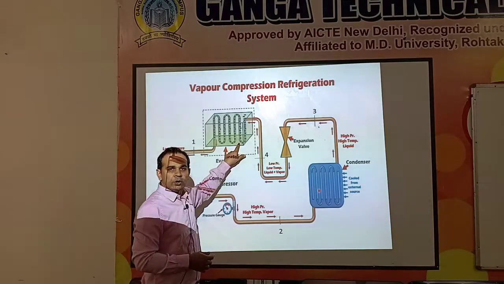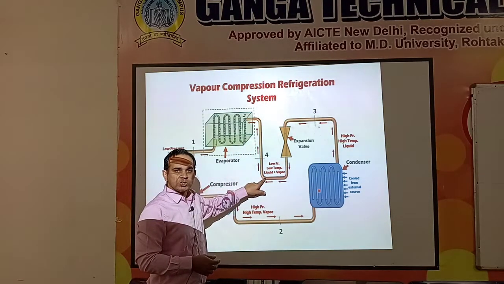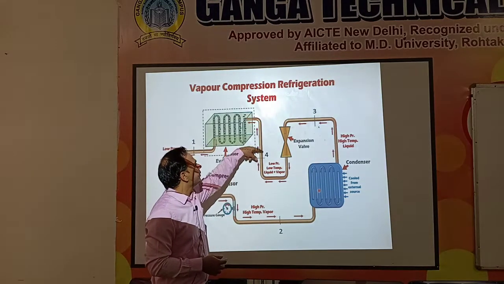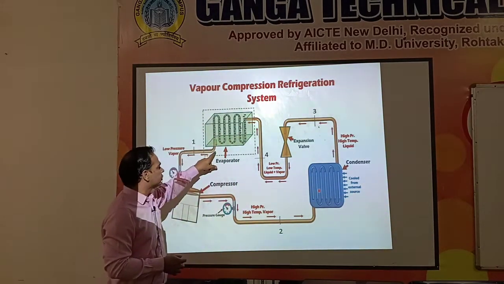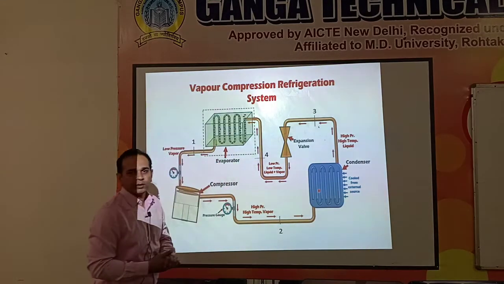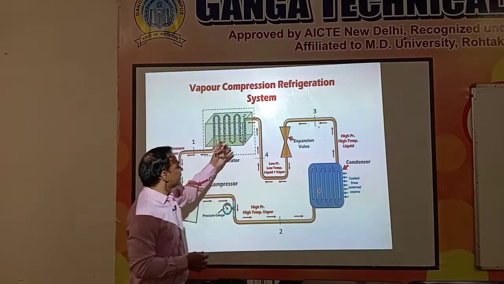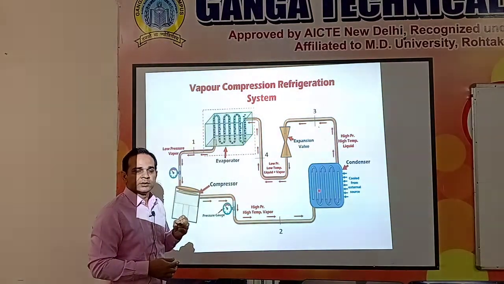At the inlet of our evaporator, we have a liquid plus vapor mixture. This liquid plus vapor mixture will pass through this heat exchanger, which is called the evaporator. While passing through this evaporator, this refrigerant will gain heat from the refrigerated space.